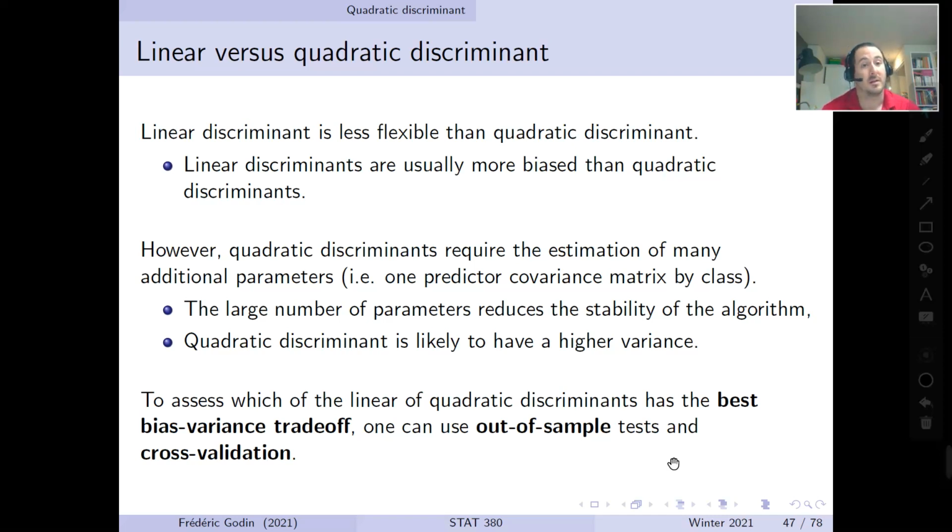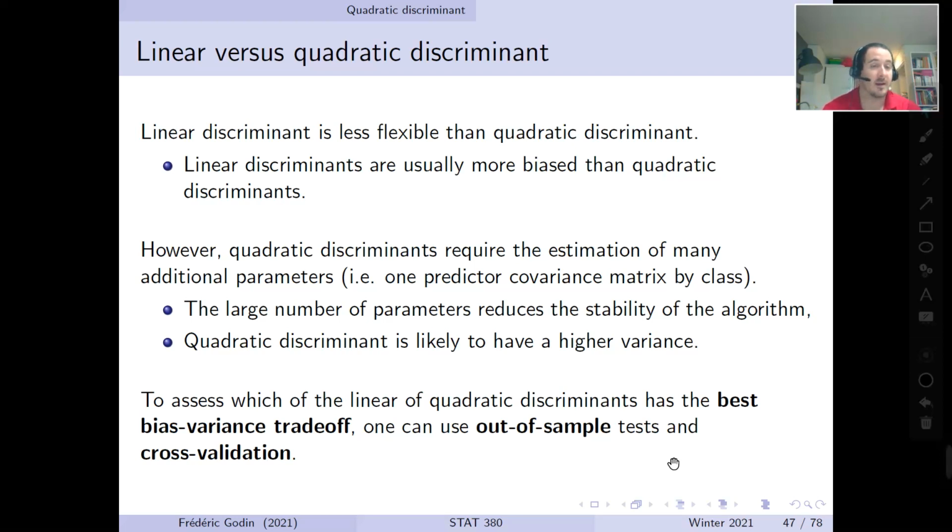Okay, so you have more variability in your predictions when you use a more flexible model. And too much variability, we saw, although this increases performance in sample, might decrease out of sample performance due to overfitting. So it's not clear in practice if linear discriminant analysis or quadratic discriminant analysis is better.